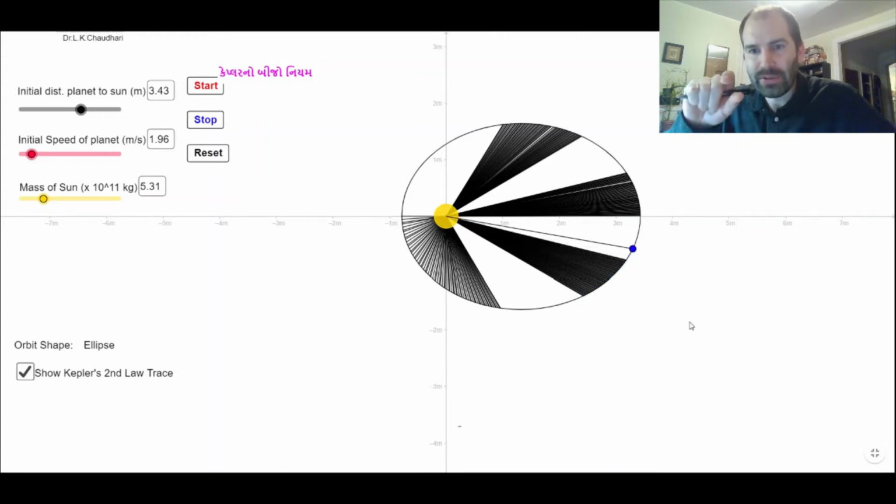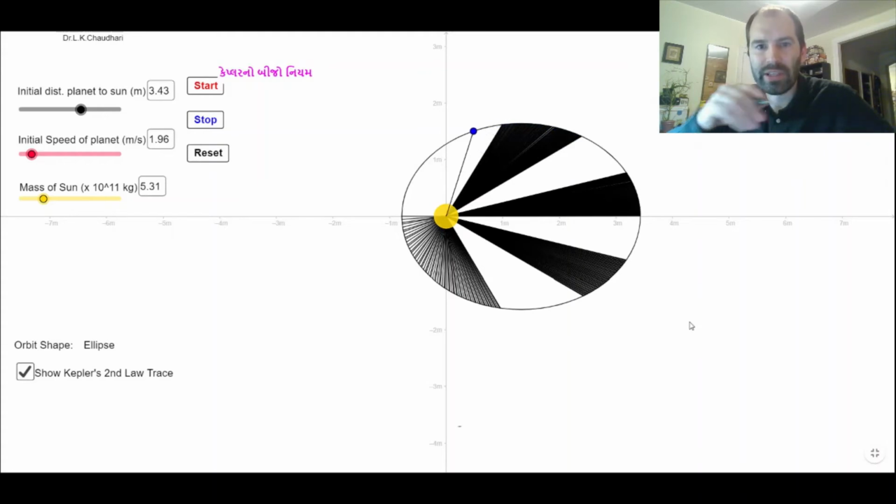But you can see that what we're doing is we're looking at fixed time intervals. All right, so if we just count 1, 2, 3, 3-second time interval there. 1, 2, 3, 3-second time interval there. 1, 2, 3. Each one of these is a time interval of equal length.